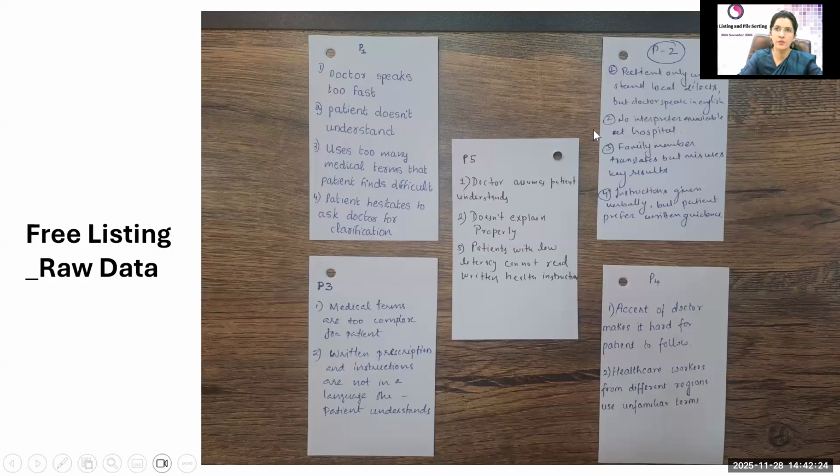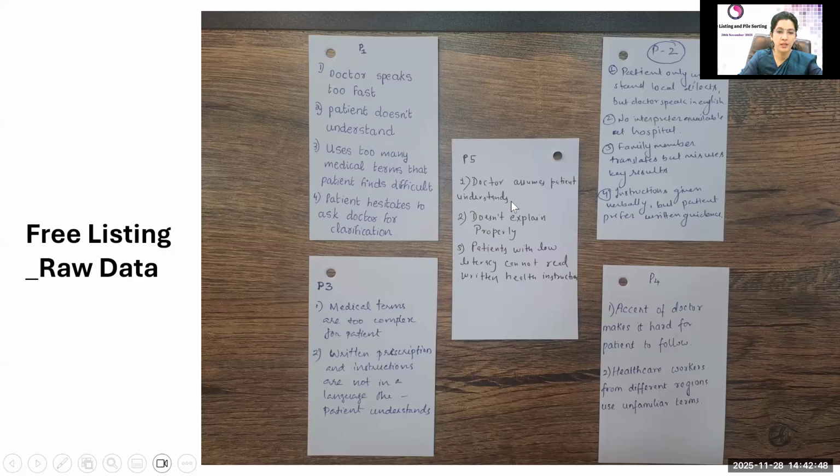So all those responses you have written, like the first person has written, and we have not named them here. We have just given codes, participant 1, 2, 3, and 4. Like, doctor speaks too fast, or patient does not understand, uses too many medical terms that patient finds difficult, or patient hesitates to ask doctor for clarification.